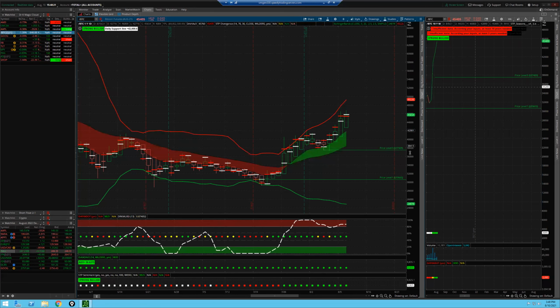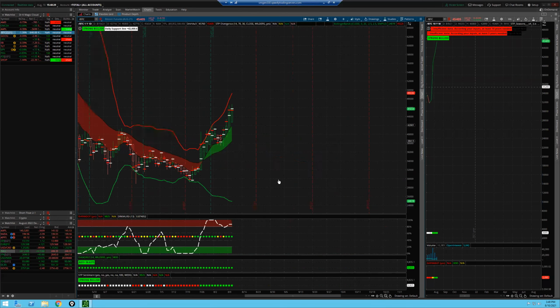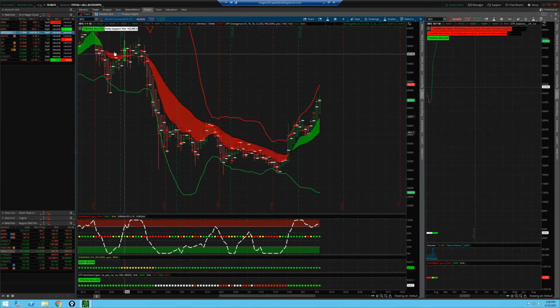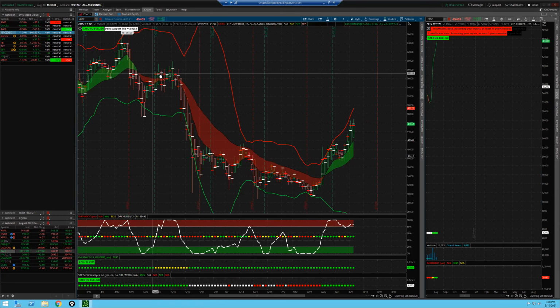Bitcoin. So let me just scrunch this up a tad to show you. So back here in April, the cloud turned red, right? So it turned red. And then you see how all these wicks in the cloud stayed red? I mean, that's the beautiful thing.